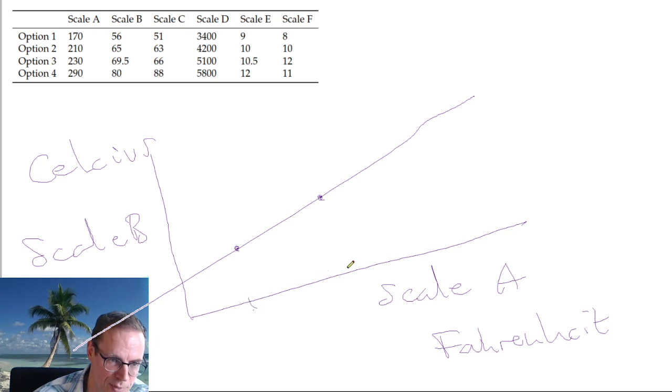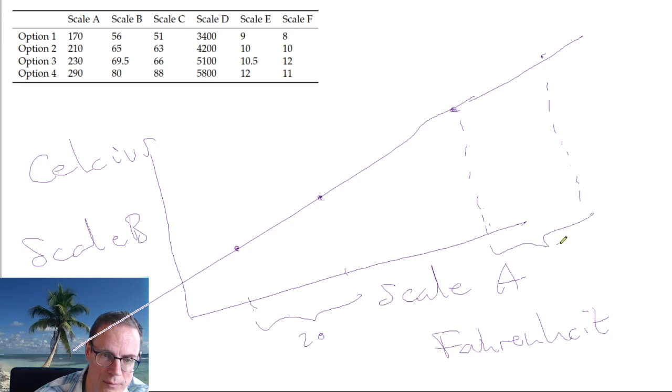Well, you can get from the one to the other scale. If there's a difference between two temperatures, right, and the difference is 20 Fahrenheit, and then a little further down the scale we have a gap that's also 20, then you know that the gaps in Celsius must also have the same size.